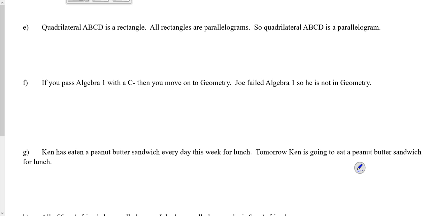Okay, letter E is just like our example A, where Heidi liked all vegetables. We're told that quadrilateral ABCD is a rectangle. All rectangles are parallelograms. So quadrilateral ABCD is a parallelogram, and that is deductive.